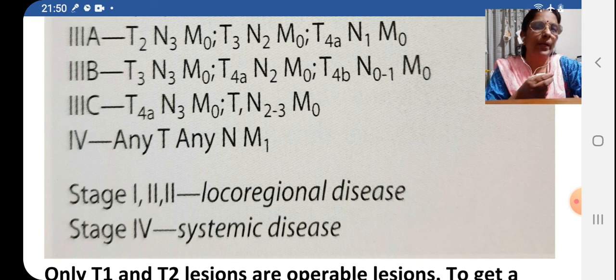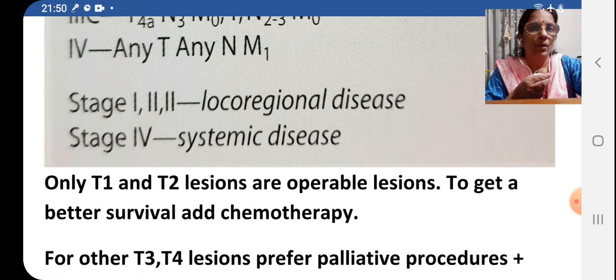Stage 1, 2 and 3 is locoregional disease. Only T1 and T2 lesions are operable lesions. So what is T1 and what is T2? T1 is involvement of the mucosa, and T2 means it has infiltrated the muscle layer. So T1 and T2 lesions are operable lesions.